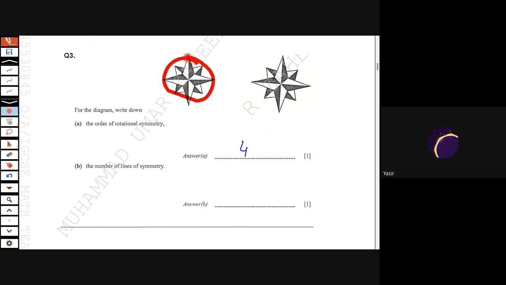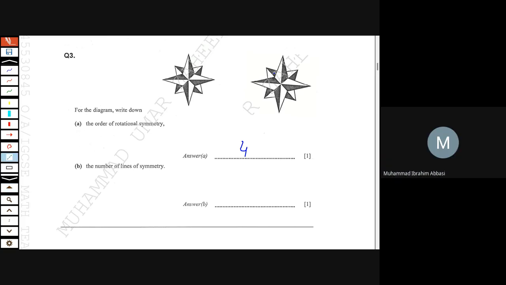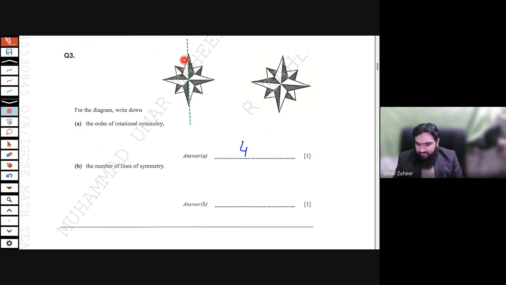Sir, 0. Ibrahim, 5 lines of symmetry. Yes, Ibrahim, which line do you have? Tell me any line. Sir, one that goes straight through the middle, the vertical line. Look here, it is a black pattern, and on the other side it is a white pattern.